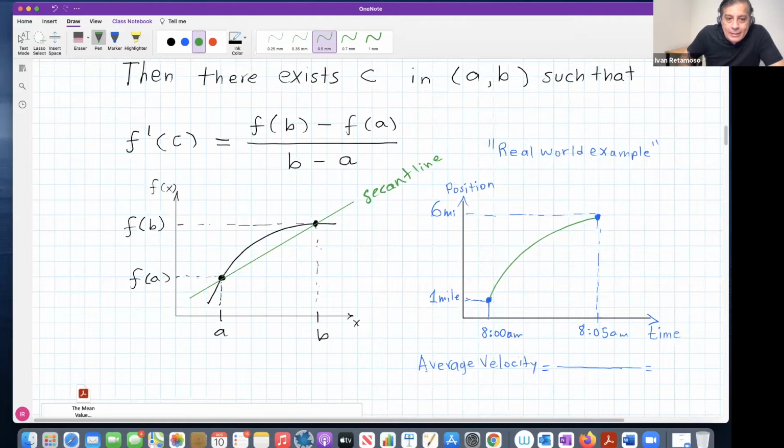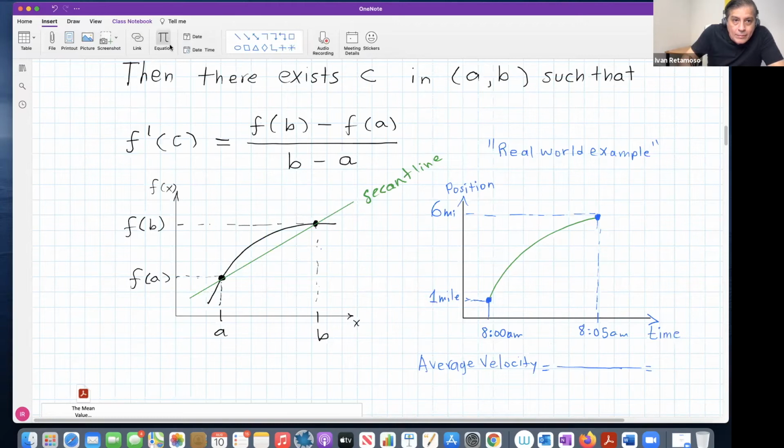The theorem says that since this curve is all in one piece, continuous and smooth, eventually somewhere in between you will reach a point whose derivative, whose instantaneous rate of change, is equal to the average rate of change. So geometrically speaking, somewhere in between a and b, this is going to happen. All right.